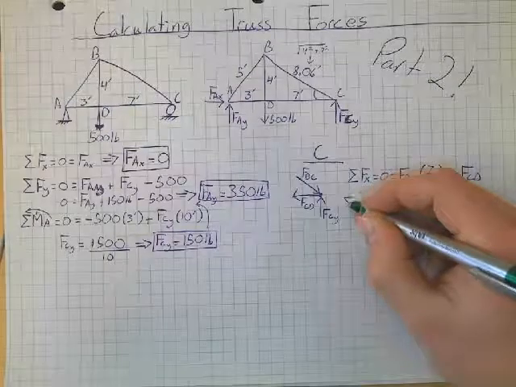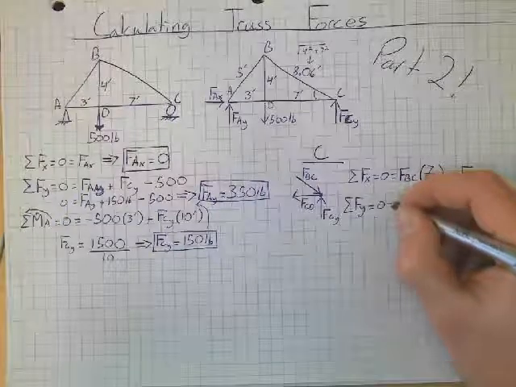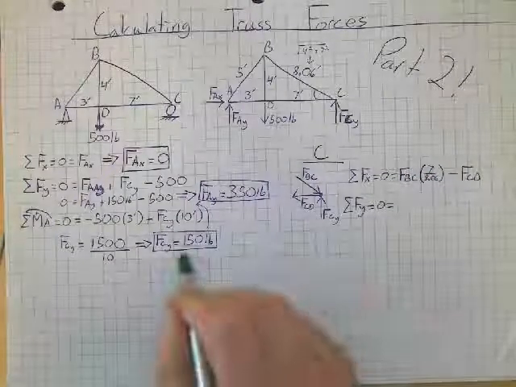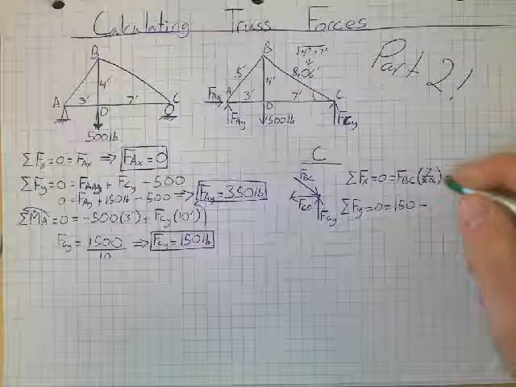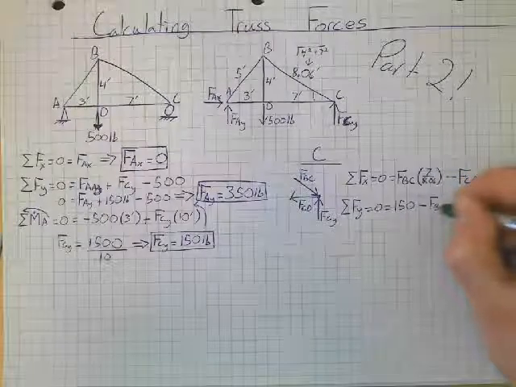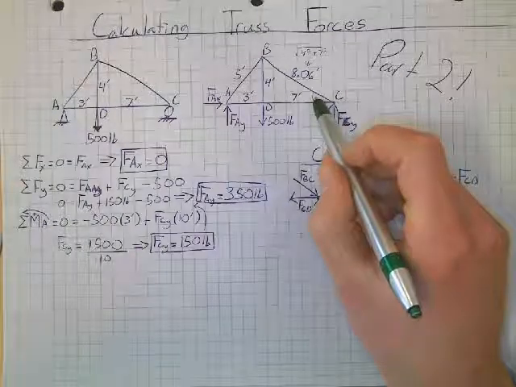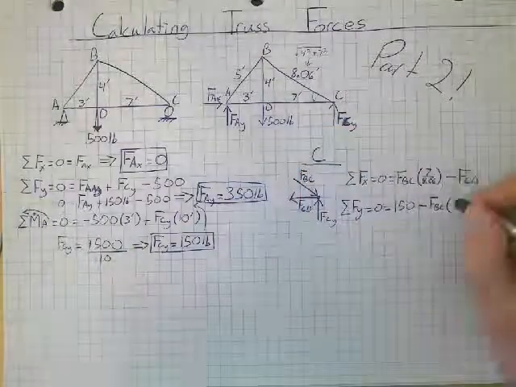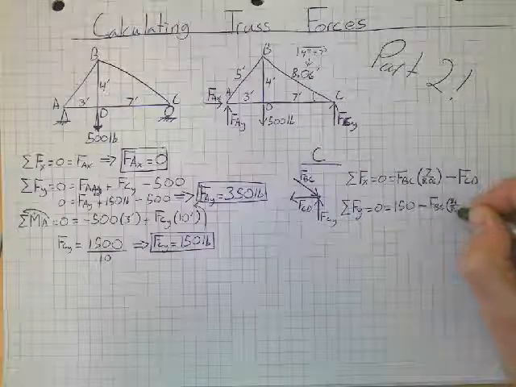So I'll say the sum of my forces in Y equal to 0, and that's going to be FCY, which I just calculated to be 150, minus FBC times the sine of theta, which in this case would be 4 over 8.06, opposite over hypotenuse.